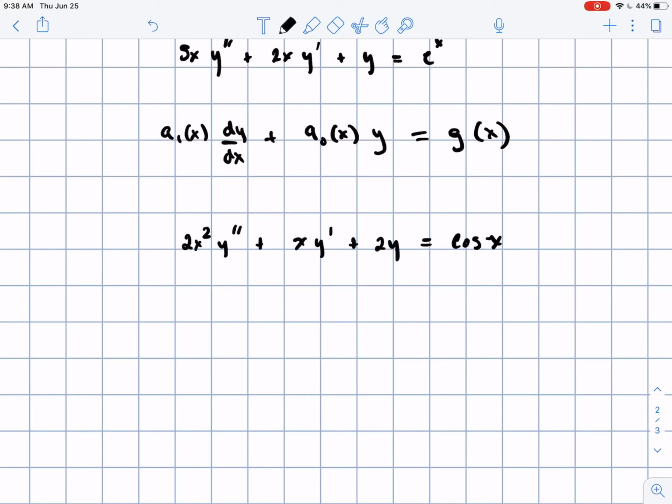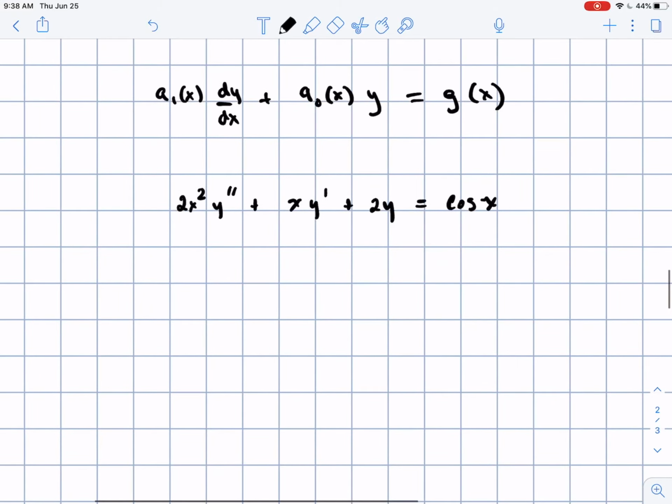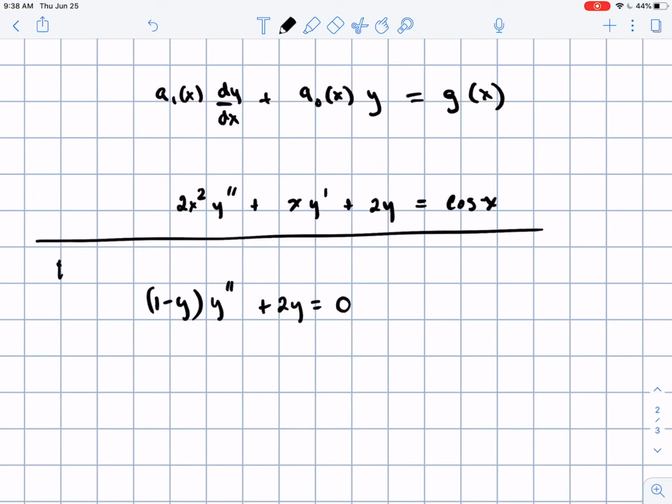So let me show you what is not linear. Non-linear would look like, say you had 1 minus y times y second derivative, say you had something like that, plus 2y equals 0. Non-linear, because this is not a function of x. If you have a second derivative plus cosine y equals 0, again, not a function of x.